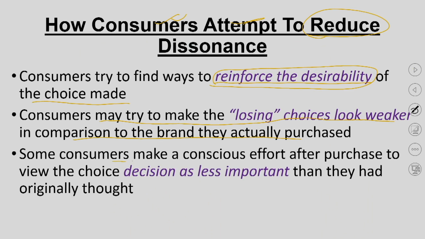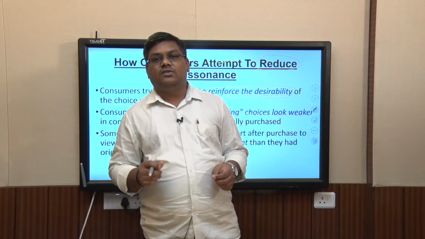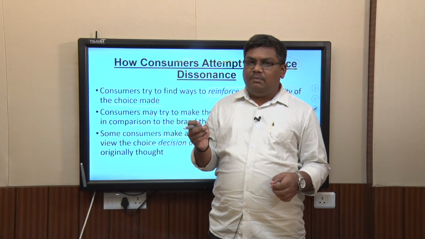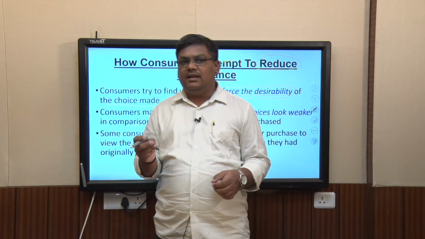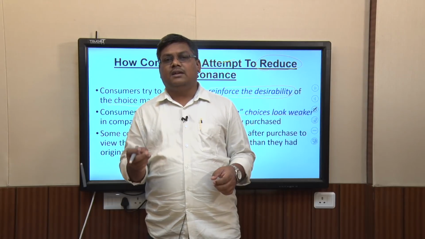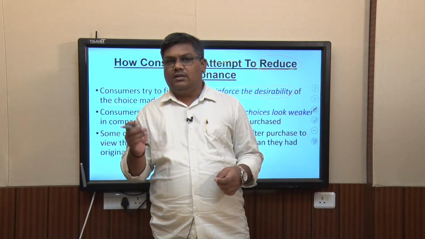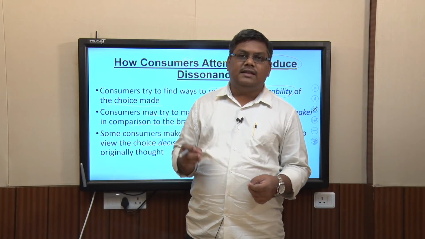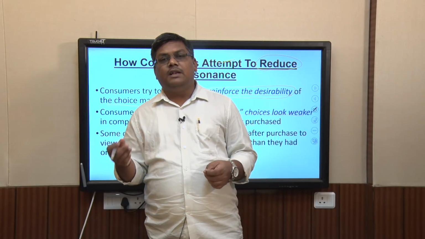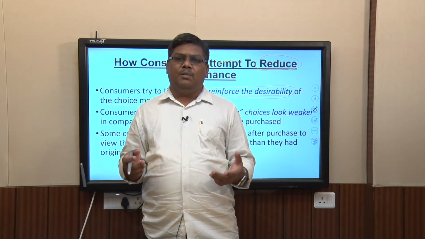And sometimes consumers make conscious efforts after purchasing to view the choice decision as less important. Sometimes, when none of these strategies is working, what the consumer tends to do is make the decision that has happened in the product buying look less important. So, he would say that okay, this phone I have bought, say out of an impulse purchase, and so it's not that important, right?